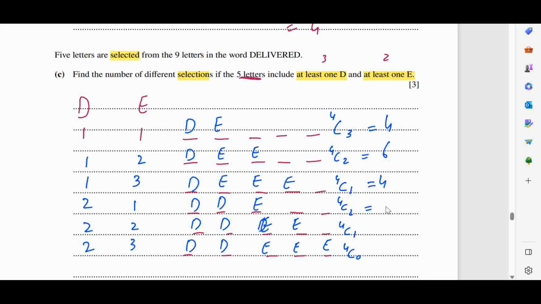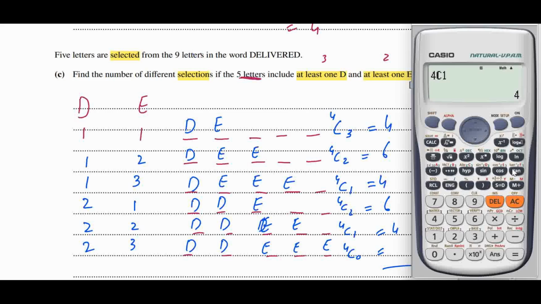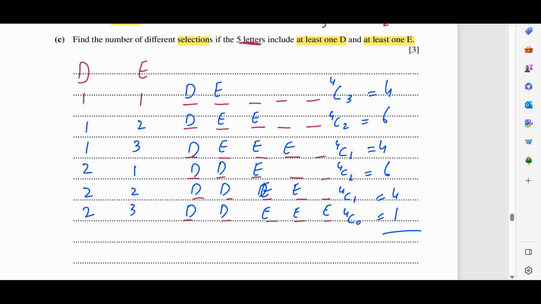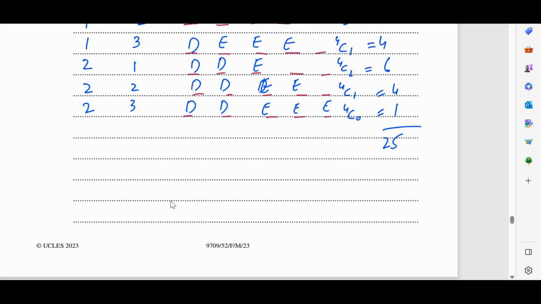Again 4C2 is 6, 4C1 is 4, and 4C0 is 1. If we add them, this will be 25. So finally we can say that we will have 25 ways as per the given condition. So this will be the final answer.